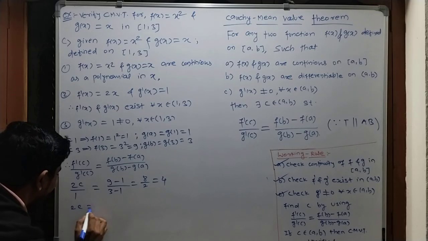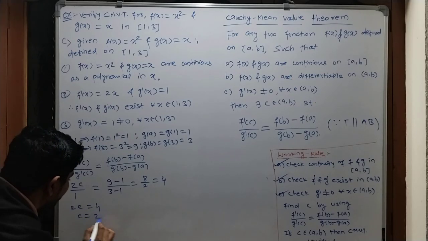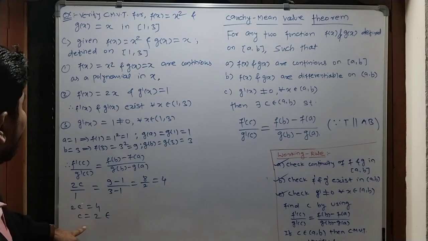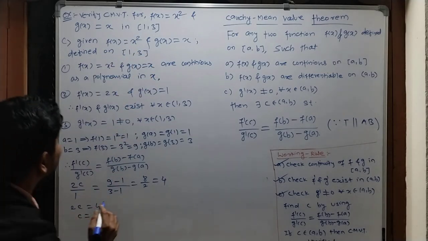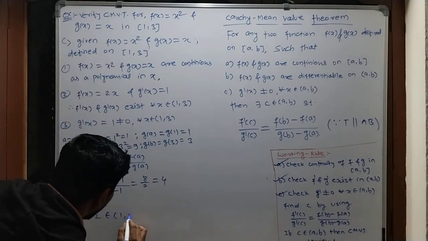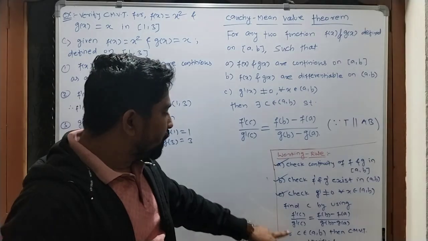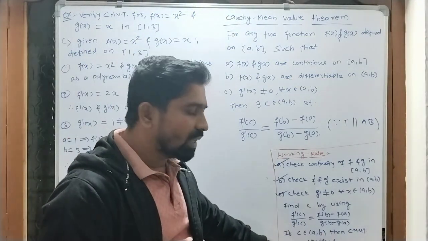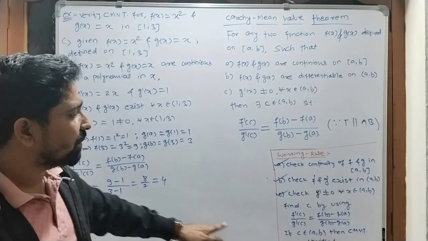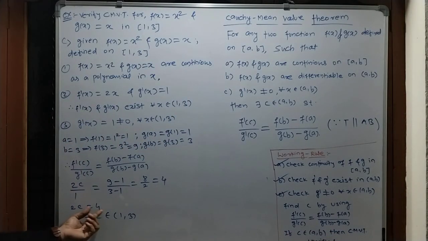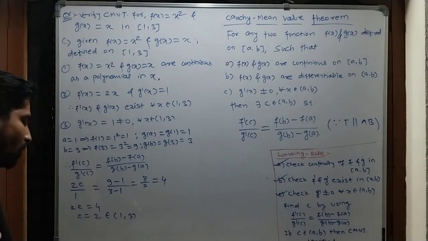Therefore 2c equal to 4, c equal to 2. Now here c equal to 2 belongs to the open interval 1 to 3. Therefore, if c belongs to this open interval (a, b), then we can say the given pair of functions f and g verify the Cauchy mean value theorem. So here I have found 2c equal to 4, c equal to 2, that belongs to the open interval 1 to 3.